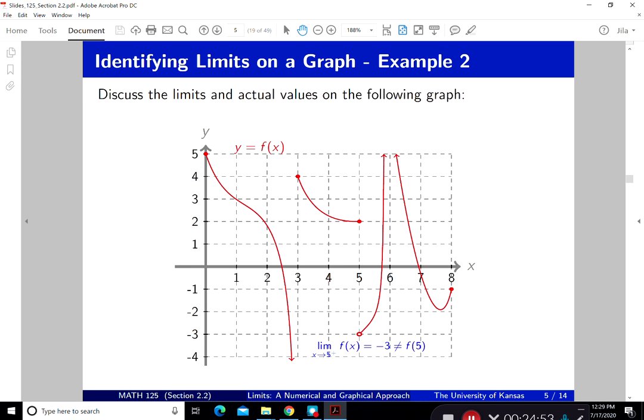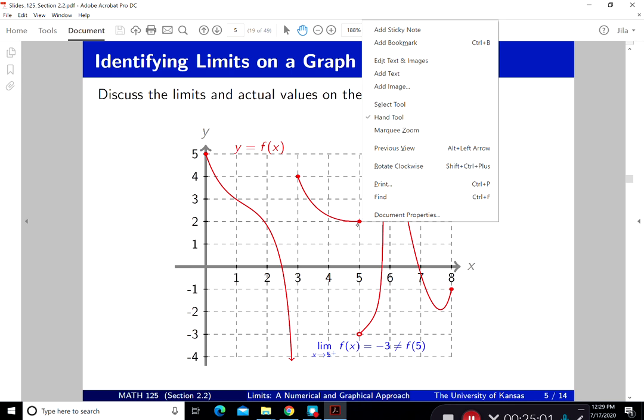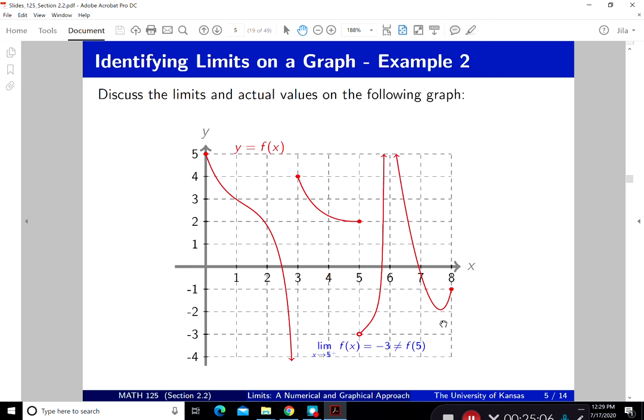That's equal to negative 3 and is not equal to it. So this is not the same y value as the value of the function, obviously. That means that the limit from the right is different from the limit from the left.